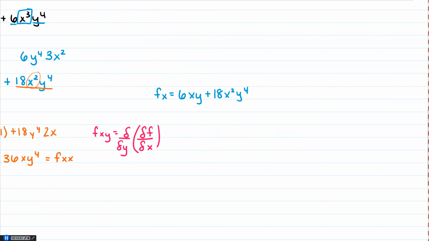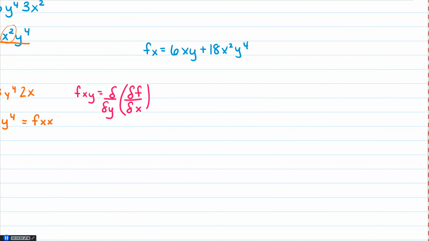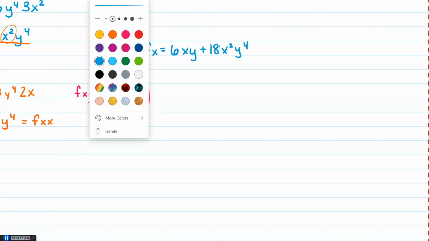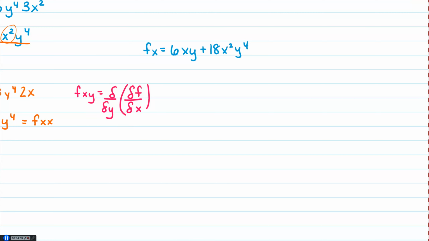Okay, so now when you're taking a partial with respect to y, you're saying, okay, all my x's are counted as constants. So x equals a constant here. You can think of it like the number 2. So on the first term, the 6 and the x are constant. So by the constant rule from Calc 1, they just come down. And then the derivative of y with respect to y is 1.